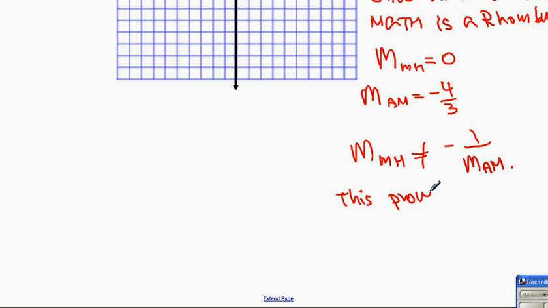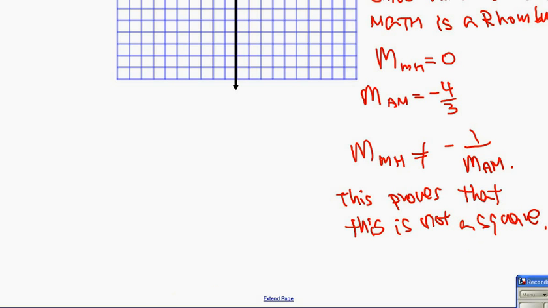This proves that this is not a square. All right.